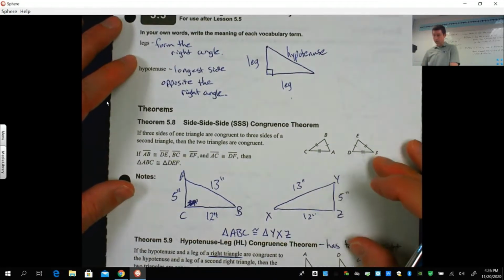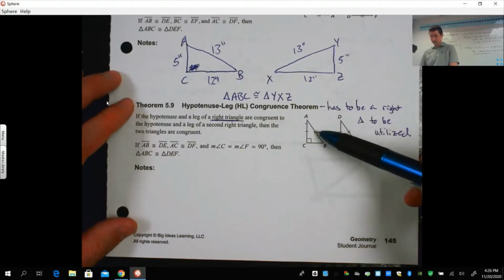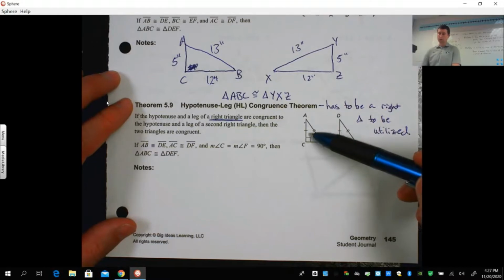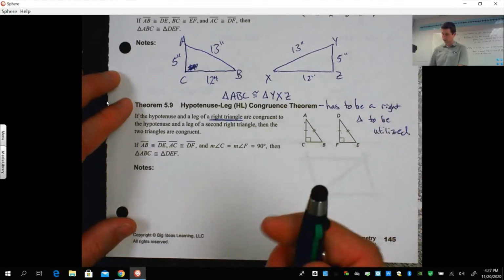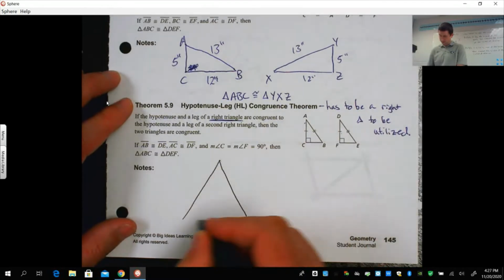So if you have a right triangle, and you know the hypotenuses are congruent and a leg is congruent, then you know that the two triangles are going to be congruent.